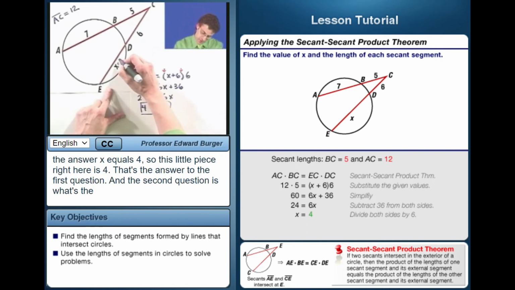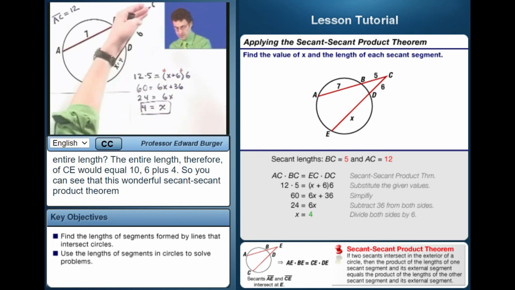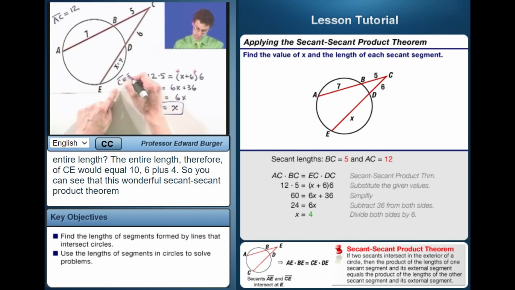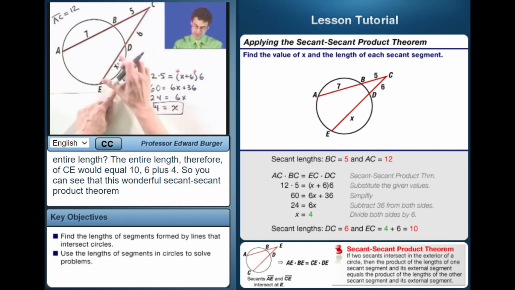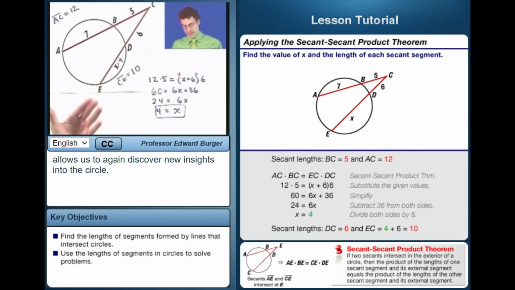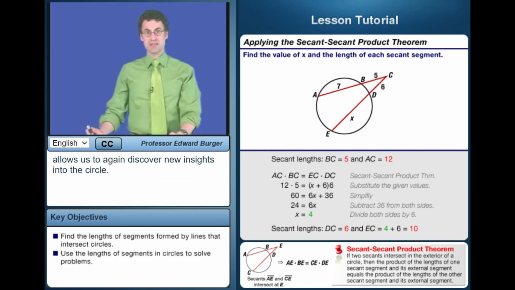So this little piece right here is 4. That's the answer to the first question. And the second question is, what's the entire length? Well, the entire length of CE would equal, of course, 10: 6 plus 4. And so you can see that this wonderful secant-secant product theorem allows us to, again, discover new insights into the circle.